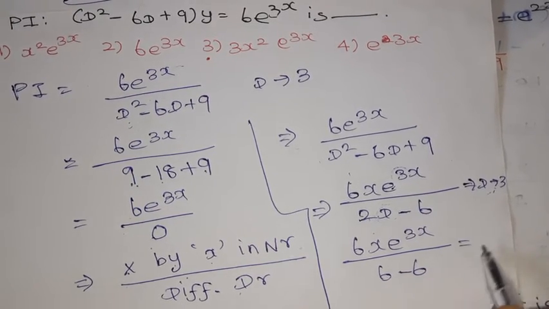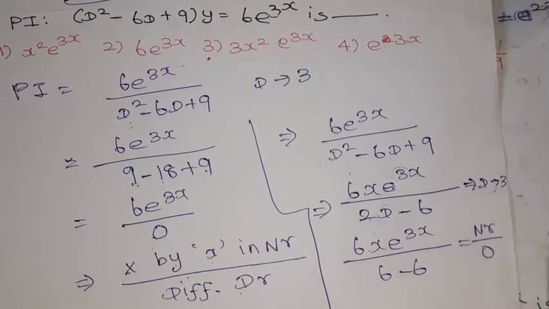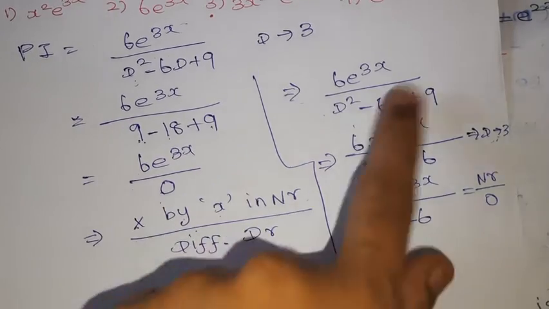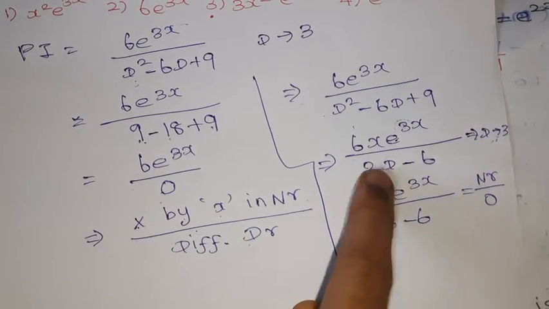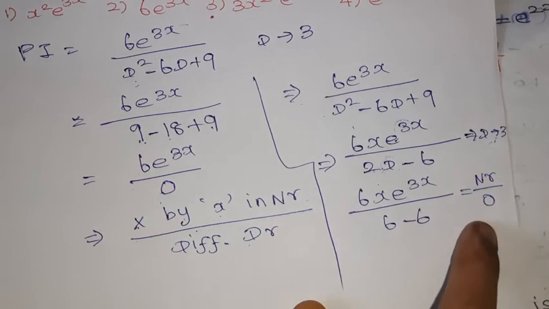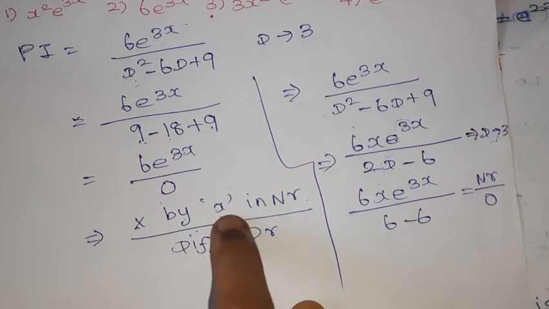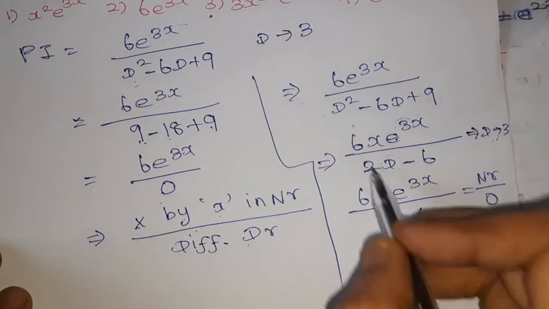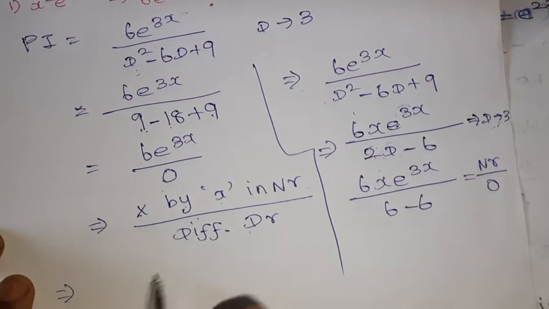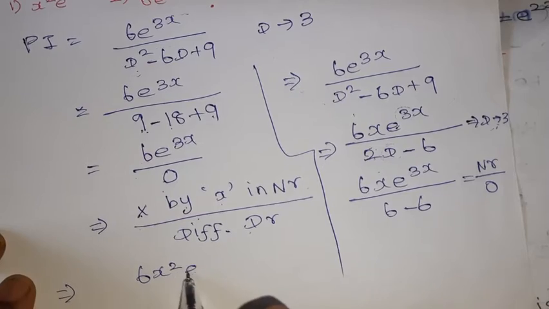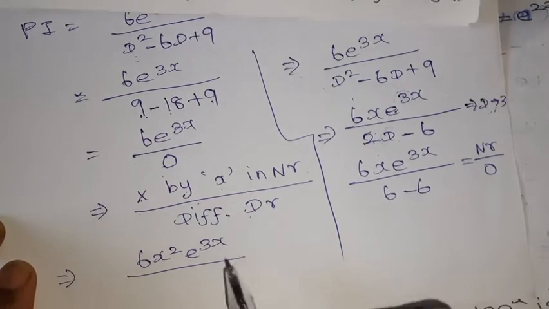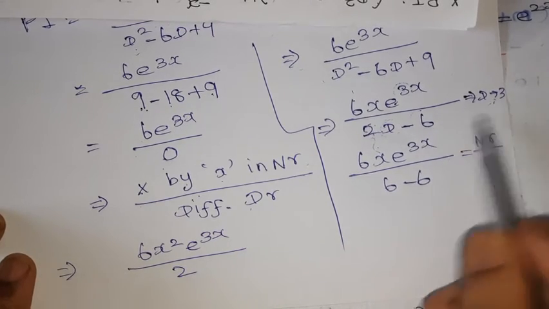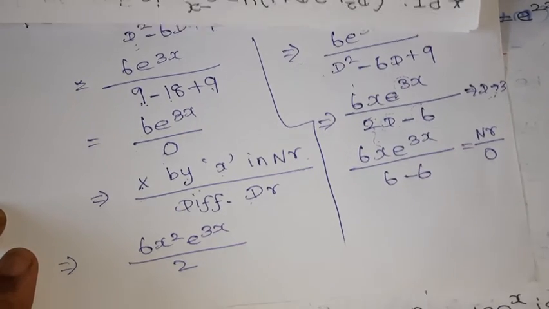Again we get 0 in the denominator. So again we follow this step: multiply by x in the numerator and differentiate the denominator term. So 6x squared e power 3x over the derivative of the denominator, which is 2 only, since differentiating 2D gives 2.